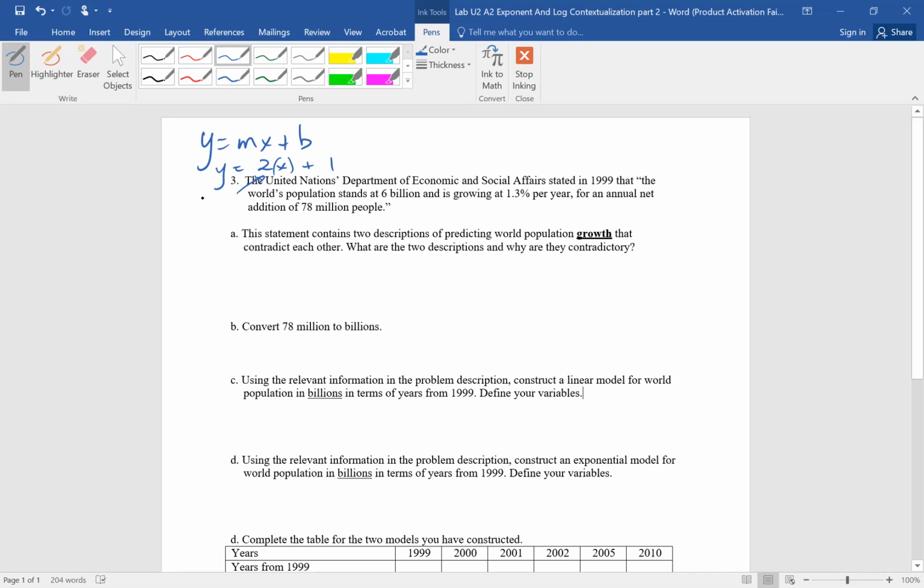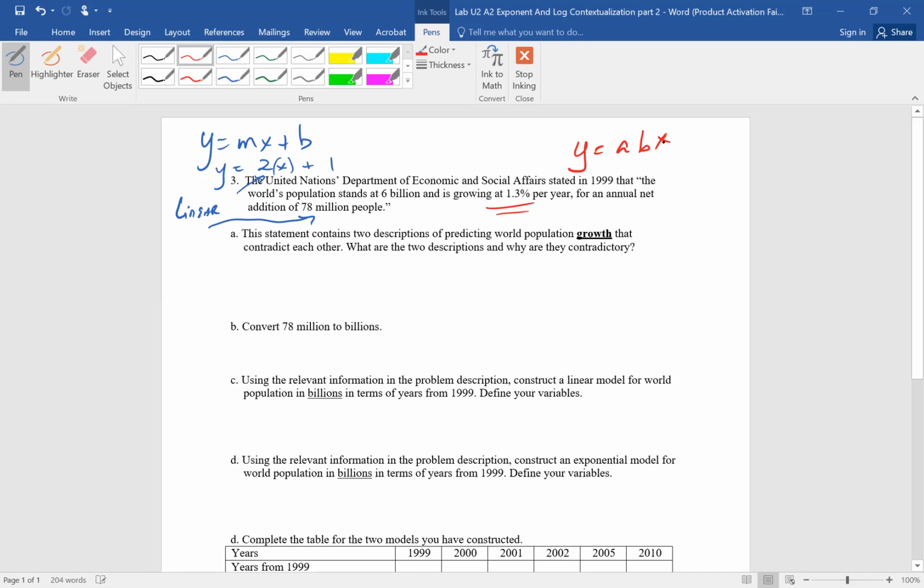So this indicates a linear scenario. The only problem is, as soon as you start talking about a constant percent change, then you're talking about an exponential scenario.